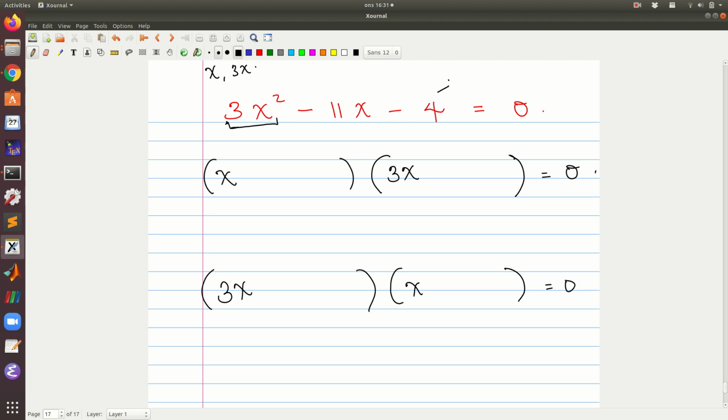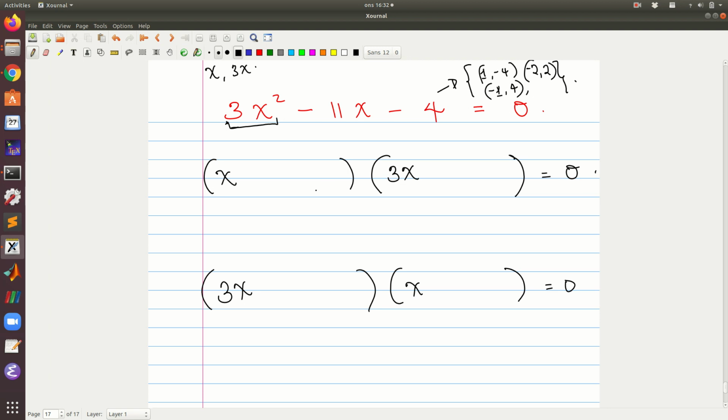Then next we look at 4 here, and we have 1 and negative 4, or negative 1 and positive 4, or negative 2 and positive 2. It does not matter now whether we change 2 and negative 2. I don't think it really matters that much. So we just try to see the combinations here.